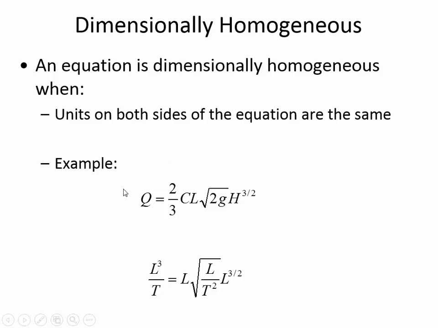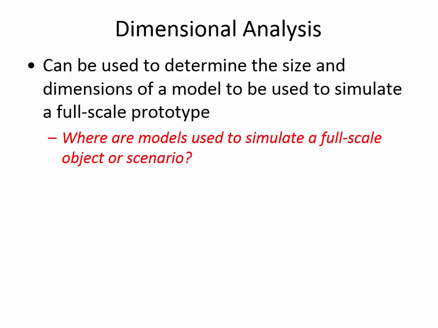So this is dimensionally homogeneous. And it's an indication that you're using a formula that's derived from the first principles of physics, rather than just based on observation and an empirical curve-fitting expression.